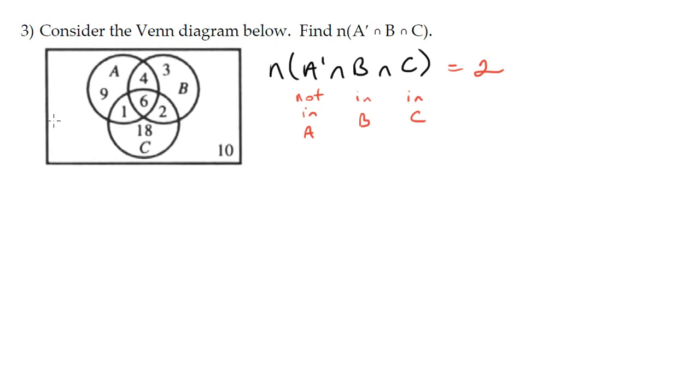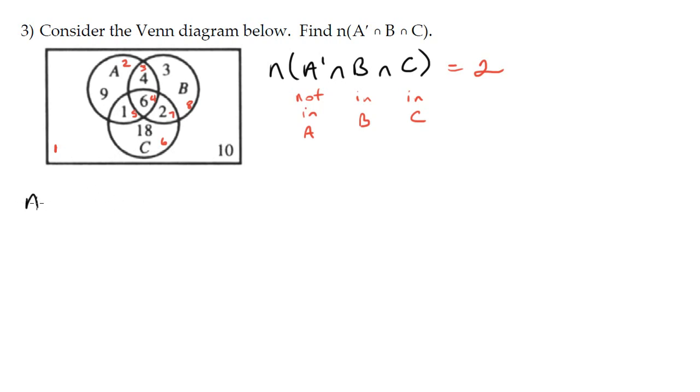Let's label each of these regions, just like the book does. 1, 2, 3, 4, 5, 6, 7, 8 regions here when we have three circles in a Venn diagram. And each of these regions has a corresponding number of elements. Region 6 has 18, region 5 has 1, region 1 has 10, etc.